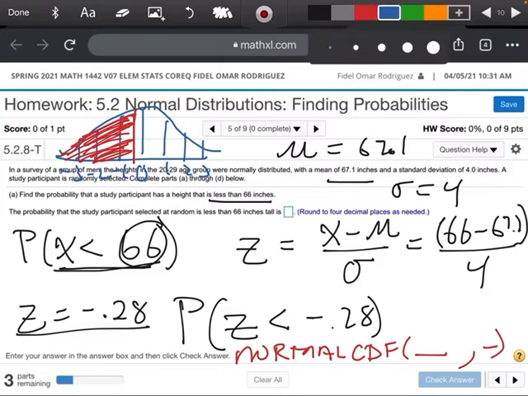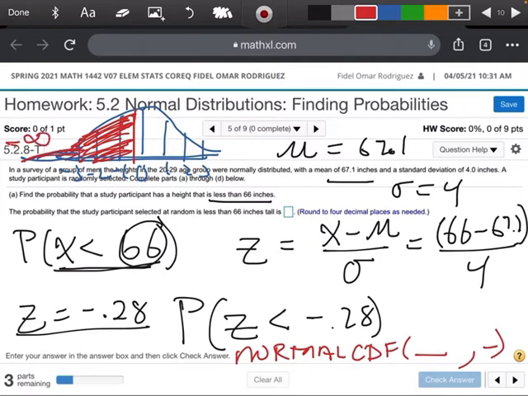If you think about my Z-axis here, since I'm going all the way to the left, this would be negative infinity, and going all the way to the right would be positive infinity. Because I can't actually use infinity, the number I'm going to use is negative 9999, and then my upper number, where am I stopping? I'm stopping at negative 0.28.